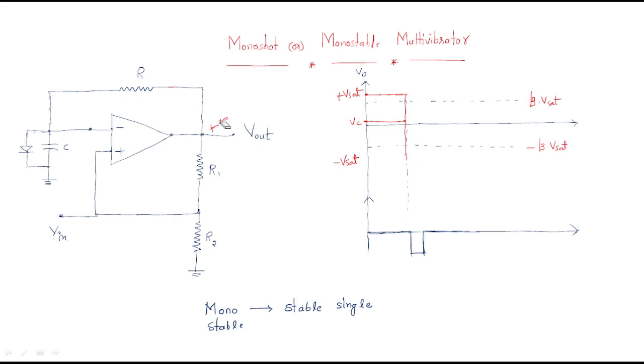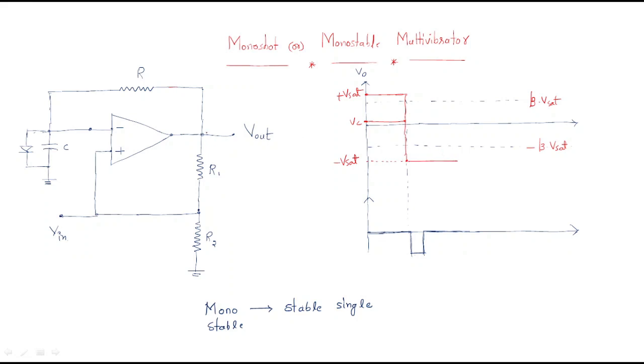And if the input is given some negative voltage, what happened? Here the negative voltage and here the negative voltage. Whenever this is negative voltage and this is the positive voltage, automatically it will generate the V saturation, that is, some minus V saturation voltage.